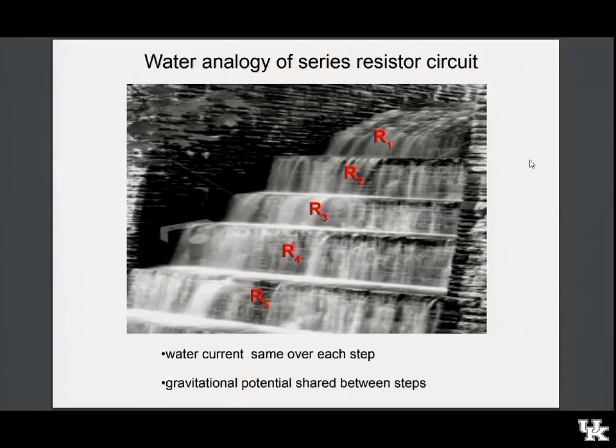That's exactly the same in the electrical circuit, right? The resistors all saw the same electrical current, but they shared the electrical drop rather than gravitational drop from one end of the circuit to the other end of the circuit. And so this does look like an analogy or a metaphor for the electrical current in a series circuit.